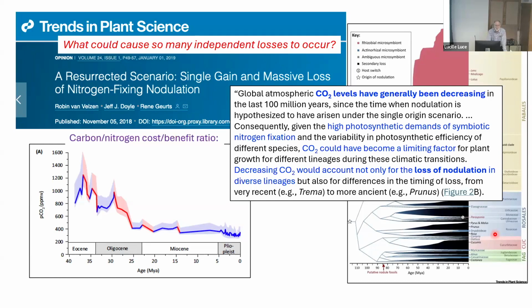So you start out with a carbon to nitrogen cost-benefit ratio. It's positive at the beginning of this whole era, but it declines as CO2 levels decline in the atmosphere. It becomes more and more expensive.